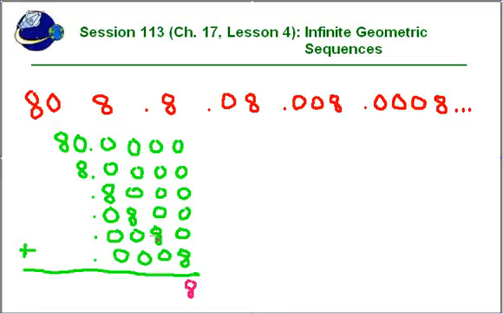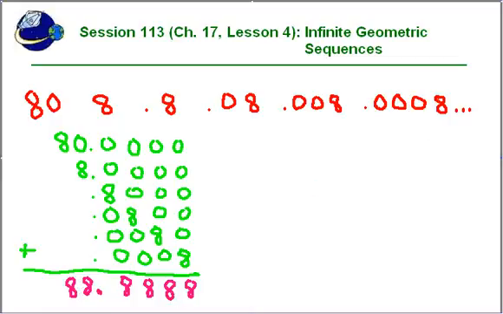All those zeros plus that 8 is going to give us another 8. Same in this column, all zeros plus 1 8. All zeros plus 1 8. Put a decimal point here. 0 plus 8 is 8. And in our tens place, 8 plus nothing else is 8. So we can see here that all of our first 6 terms combined produce a sum of 88.8888.